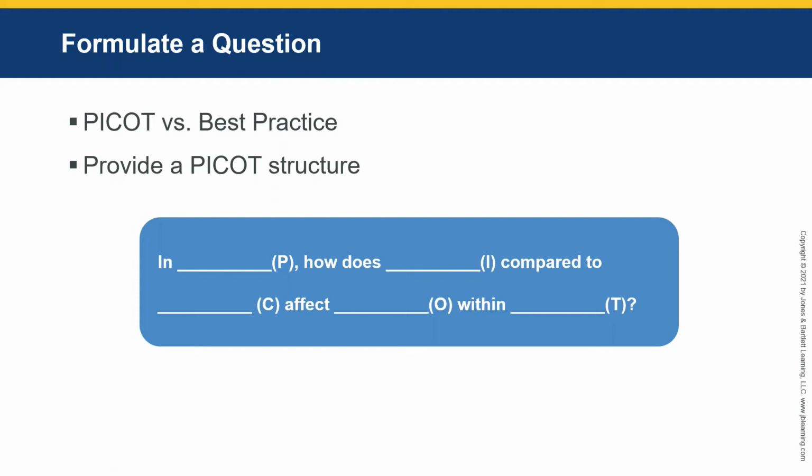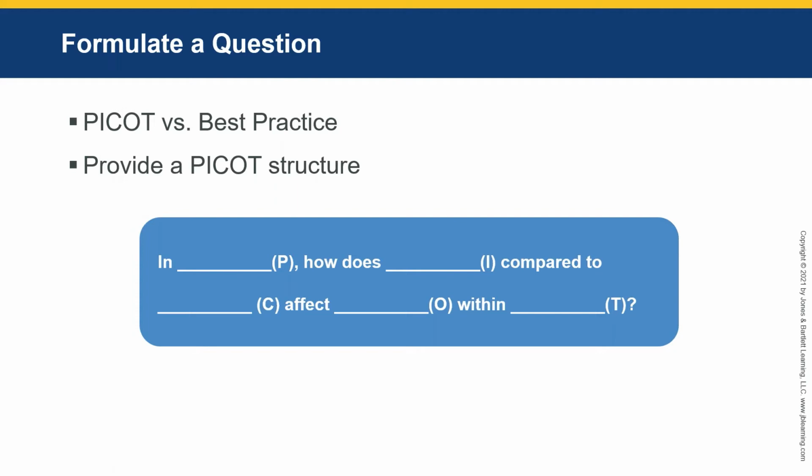Sometimes the PICO is problematic because in the scenario there isn't a comparison group. It's just whatever's going on in this imaginary scenario already, which I don't really articulate. That's why I've moved to best practice.